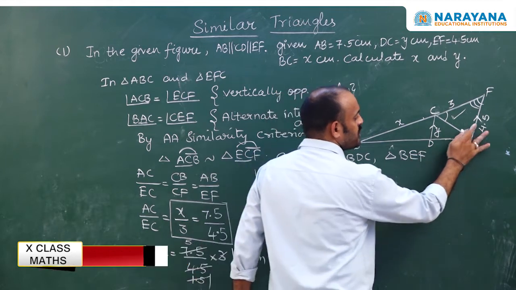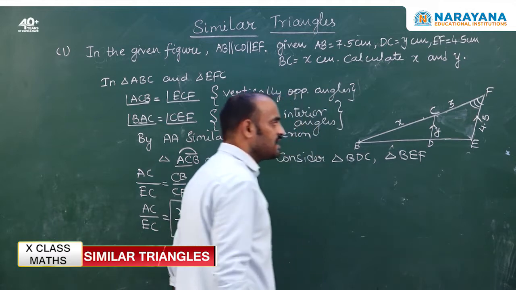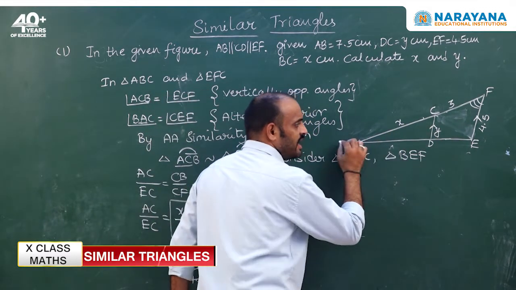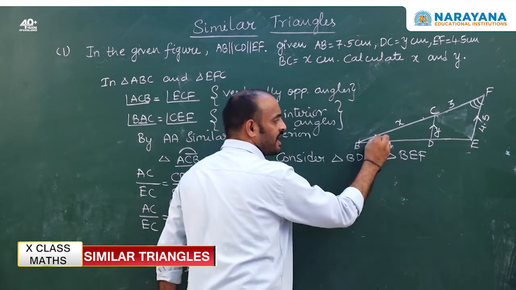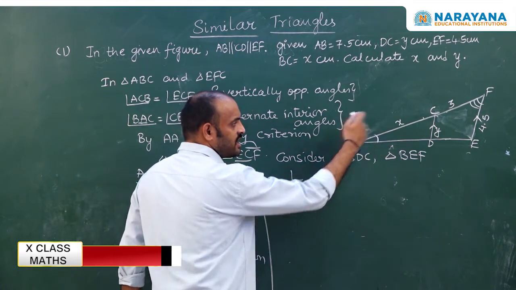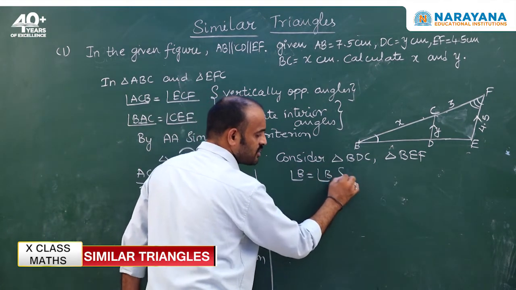I am going to erase this also, so you can observe clearly now. In triangle BDC and in triangle BEF, angle B is common.